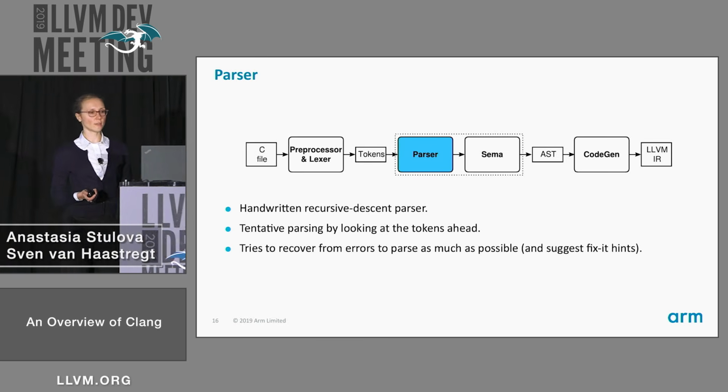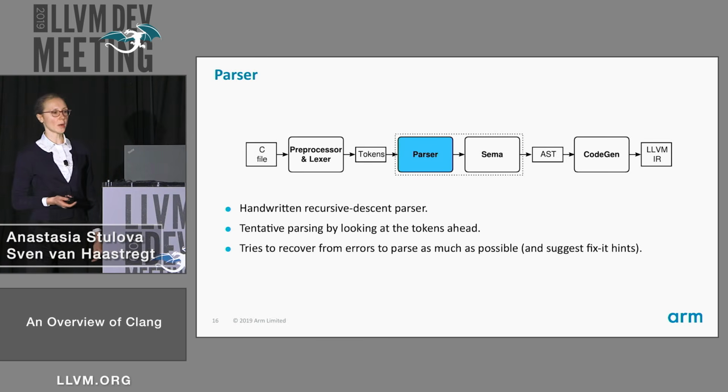Yeah, right. So let's have a closer look at the Clang parser. First of all, it's a handwritten recursive descent parser. What happens is we look at the sequence of tokens that we get from the lexer from left to right, and we apply grammar rules from top to bottom. There are obviously a lot of grammar rules to select from in C or C++ or other languages that Clang supports.